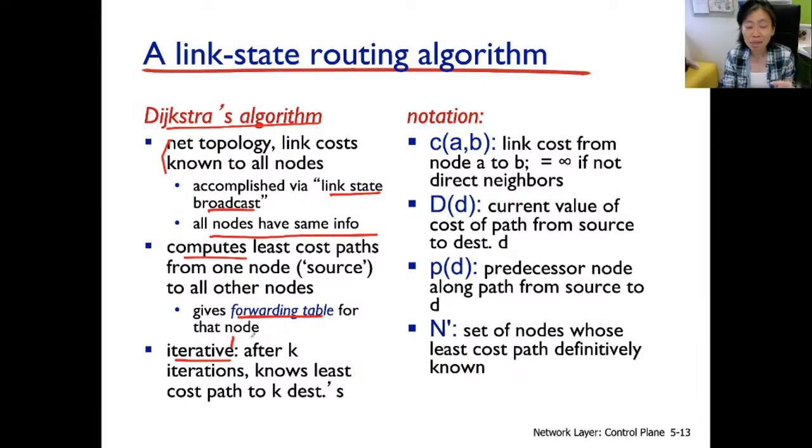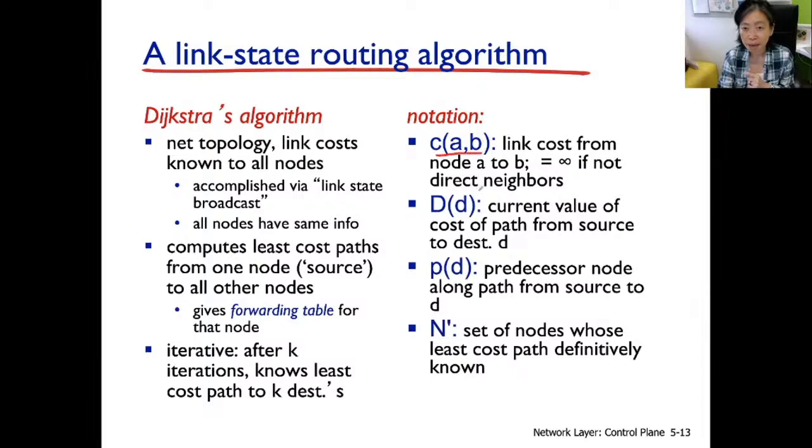The computation is actually working in a loop, iterating through multiple rounds. Therefore, if we have k destinations, it takes k iterations to complete the route computation. So the algorithm itself is looping within itself, but the computation will be done all at once, without exchanging further information with the neighboring routers. Let me introduce these notations before I bring up the pseudocode for the Dijkstra algorithm.